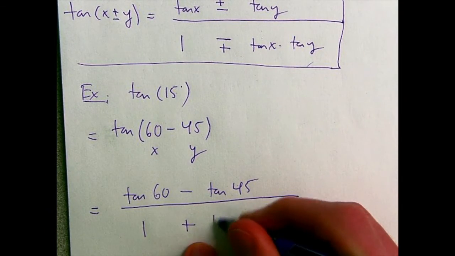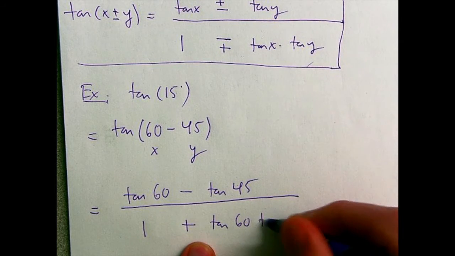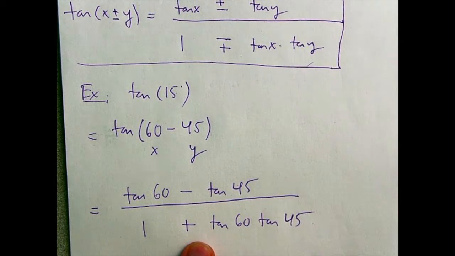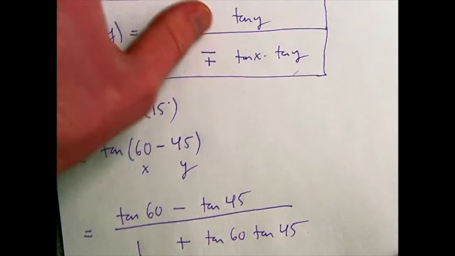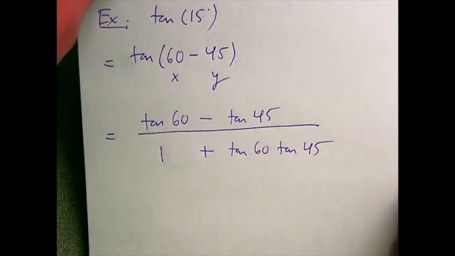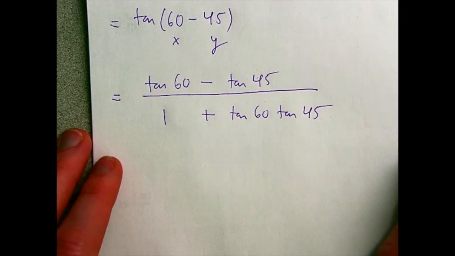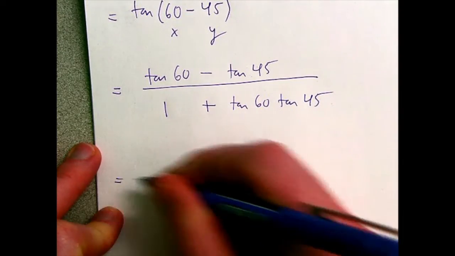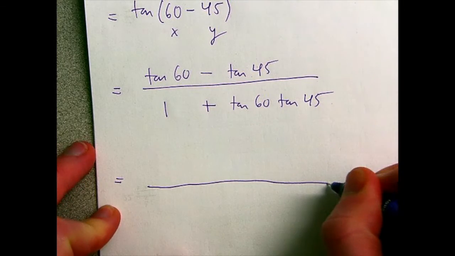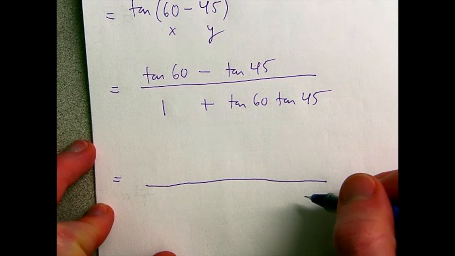So plus tan 60, tan 45. Okay, great. Now, all we have to do is evaluate each of these expressions. So tangent 60, hopefully you remember that's either root 3 or root 3 over 3.